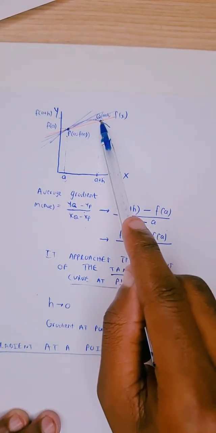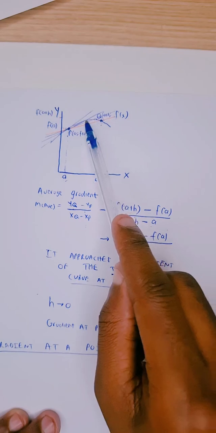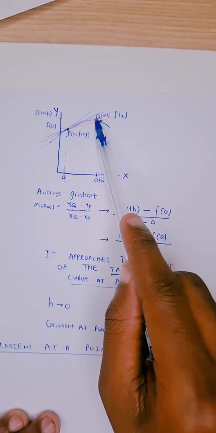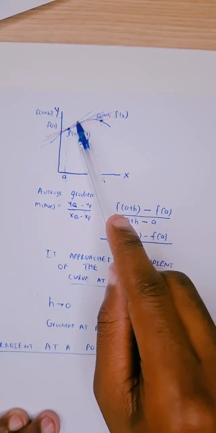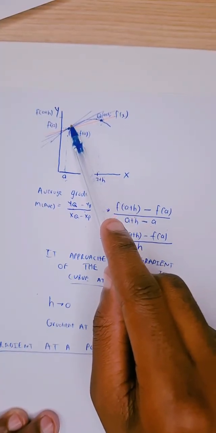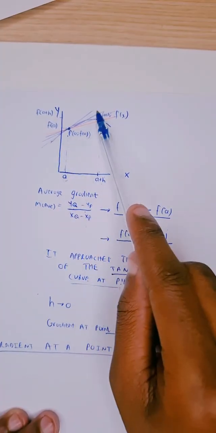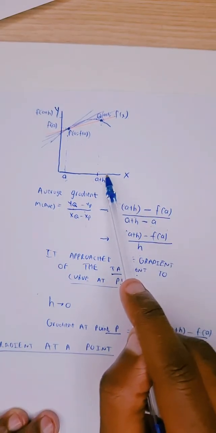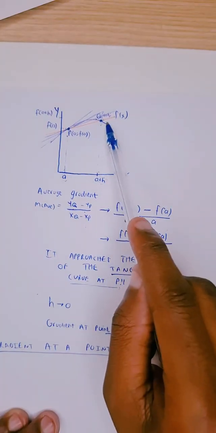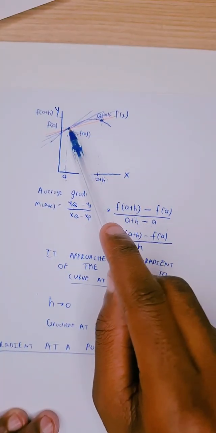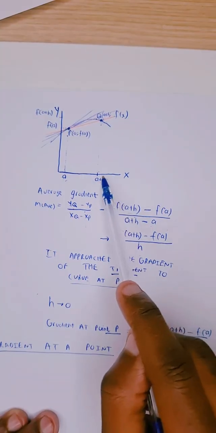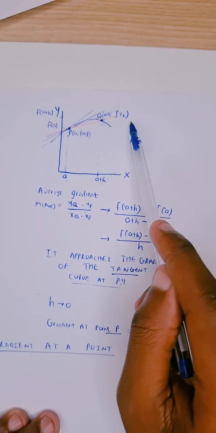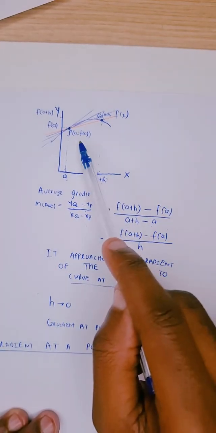But as we move Q along the curve towards P, the secant becomes limited in its position by the tangent. We then say that this h, as it moves closer and closer to P, tends towards 0. At the point, it's equal to 0. And we know that is where the function is undefined.